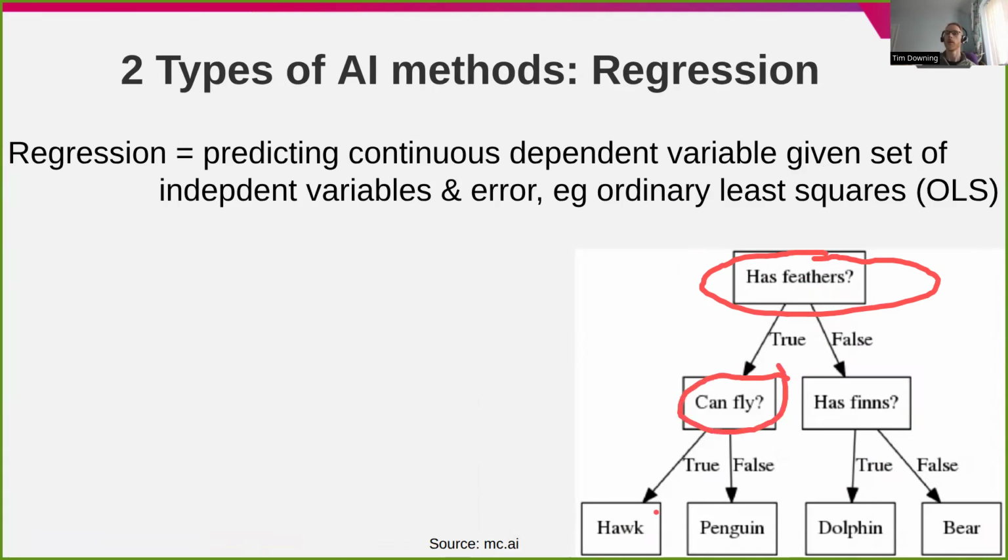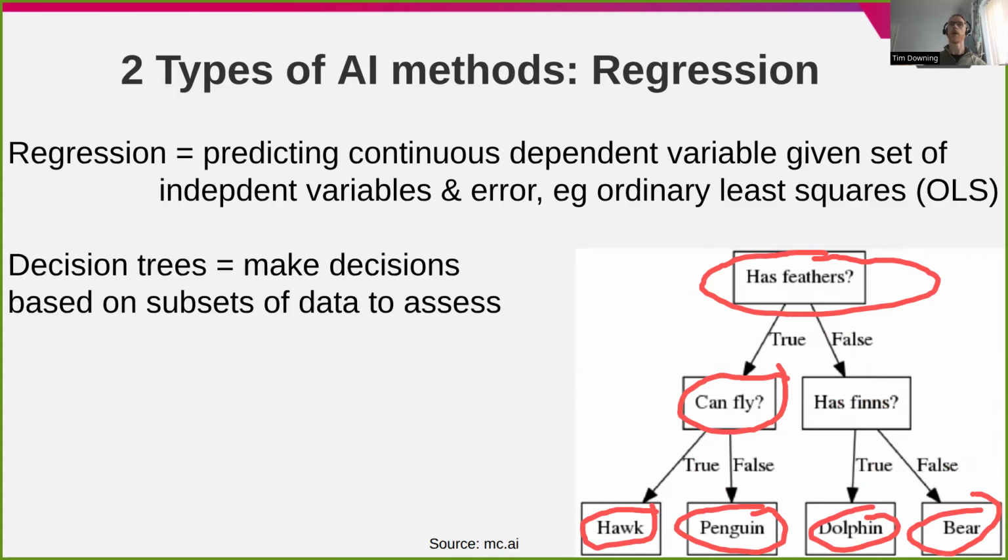If it has feathers and can fly, then it's more likely to be a hawk, whereas if not, then it's a penguin. If it does not have feathers and has fins, maybe it's a dolphin. Whereas if it lacks feathers and lacks fins, then maybe it's a bear. So regression allows us to categorize the objects and make decisions over the data that is present.